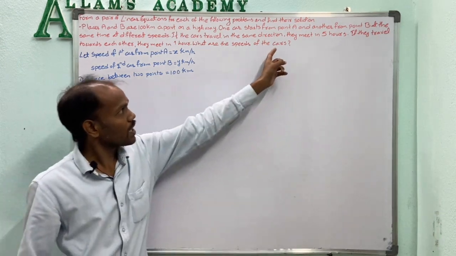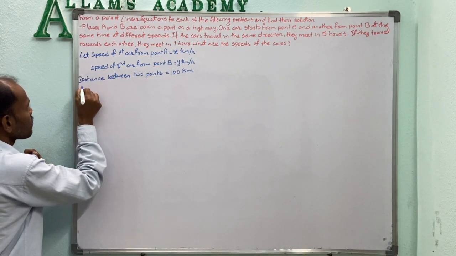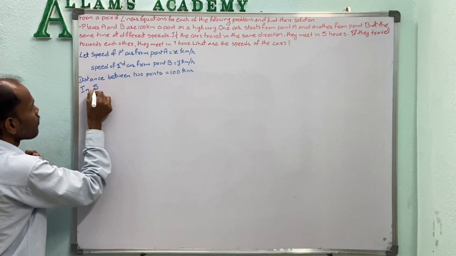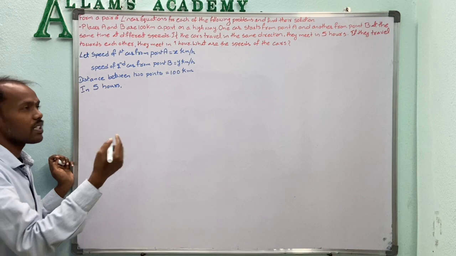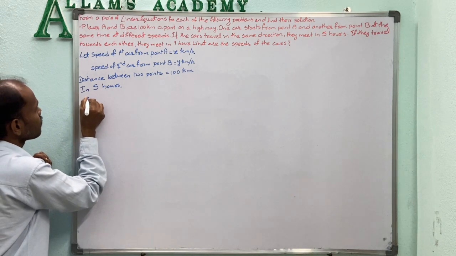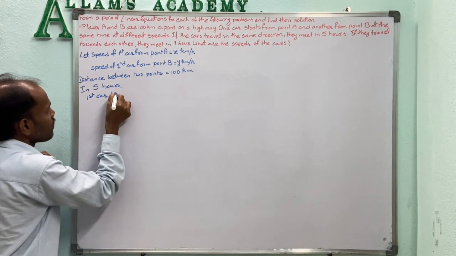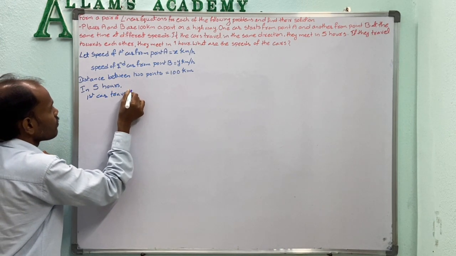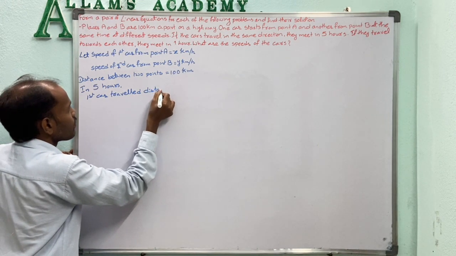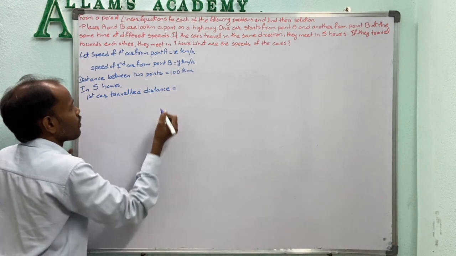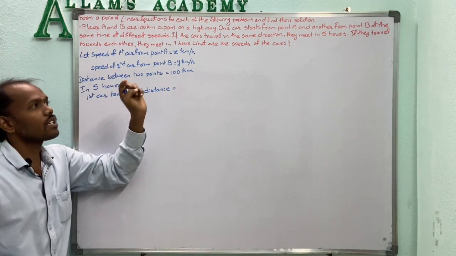So first, the time given is 5 hours. So in 5 hours, the distance travelled by the first car is equal to, so distance is nothing but speed into time.